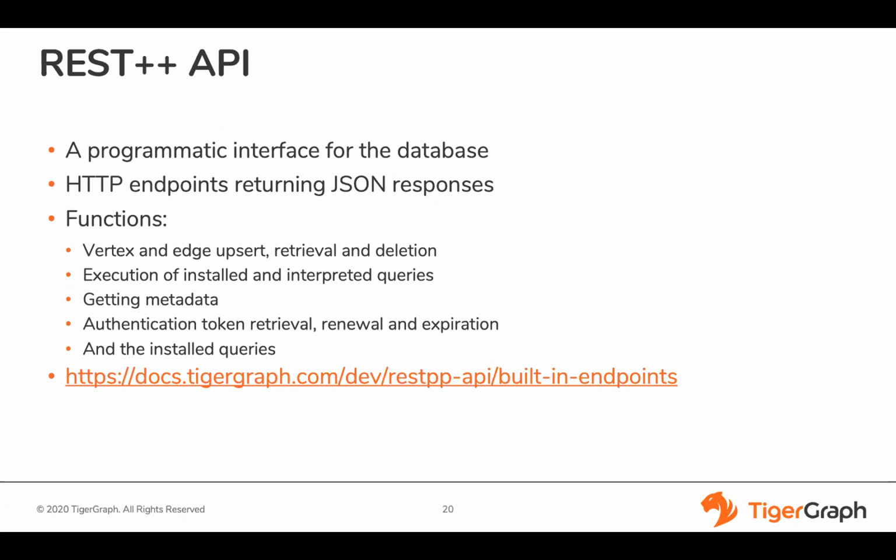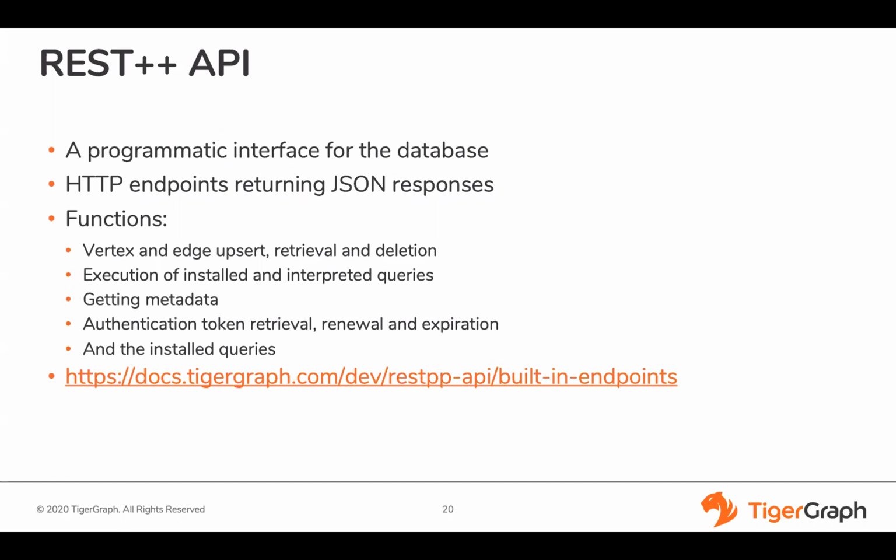And as I mentioned, in addition to these built-in default REST endpoints, all the queries that are compiled in the database provide their own endpoints, so you can immediately use them through various tools, including even your browser, assuming that you have the authorizations to do so.